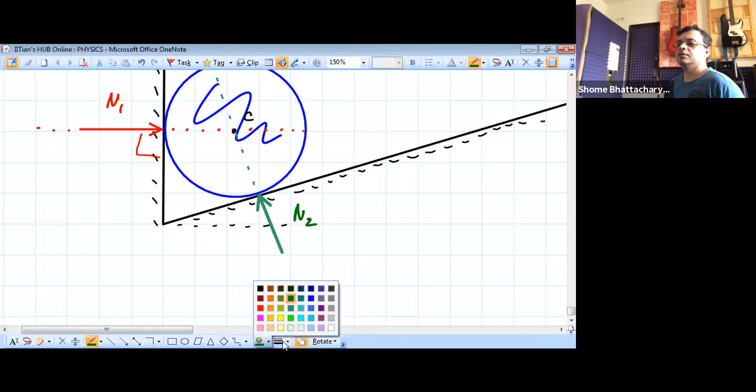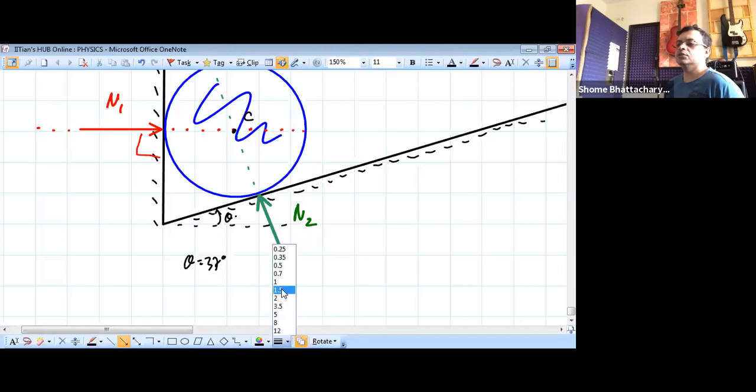Of course, coming back here, in this diagram, this angle is theta equal to 37 degrees. And the third force which is acting, very significant obviously, is the weight of the object, which is acting vertically downwards. Remember, weight is not affected by anything else. Weight will always be towards the center of the earth.